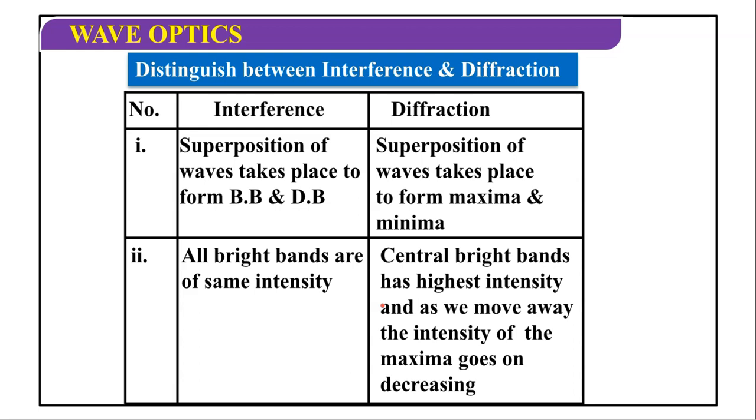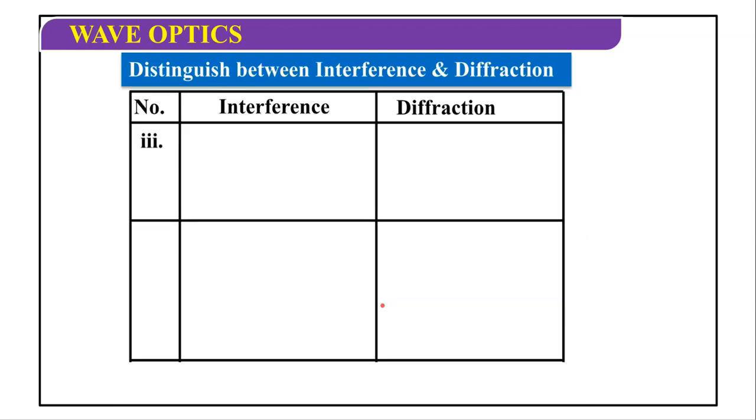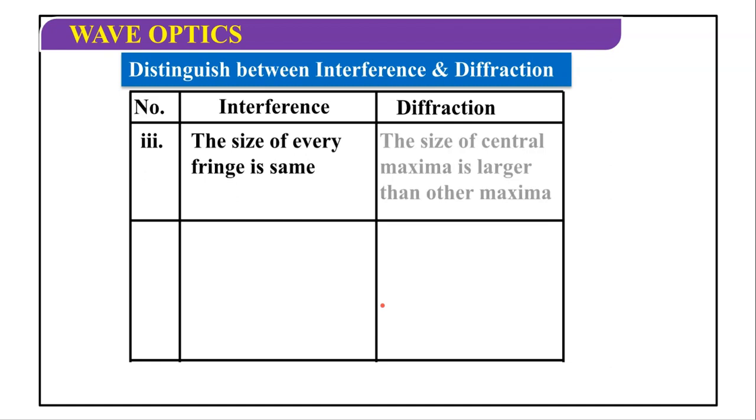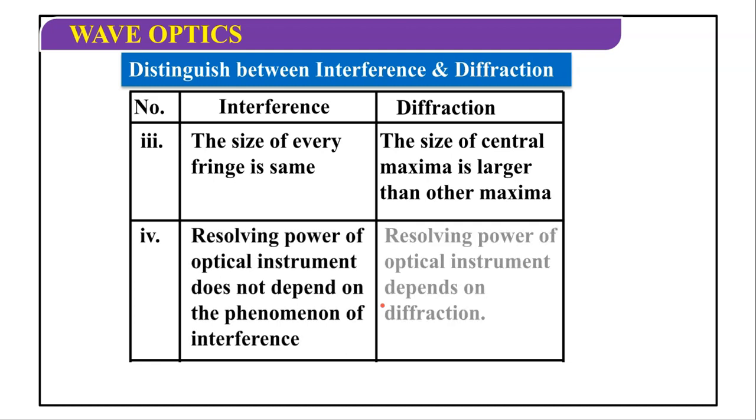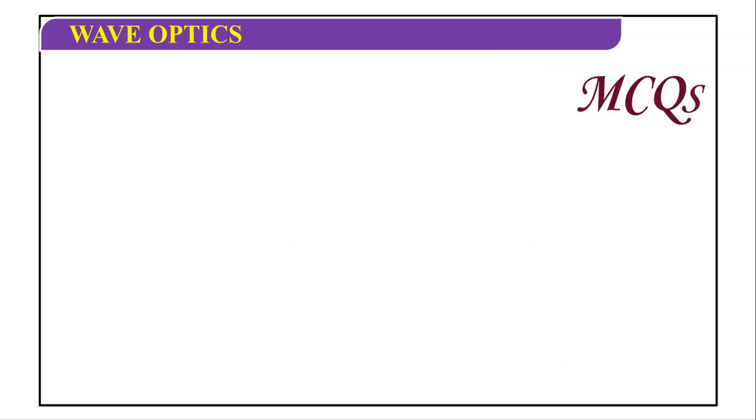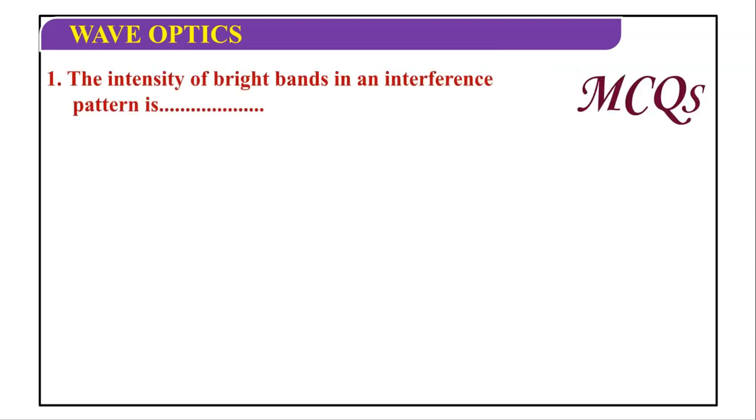Intensities are the same here, but vary there. In interference the size of the fringe is the same, but in diffraction, because of the maxima and minima, the sizes are different. And the resolving power, as I told you, depends on the diffraction of light. Now let's move on to some questions.